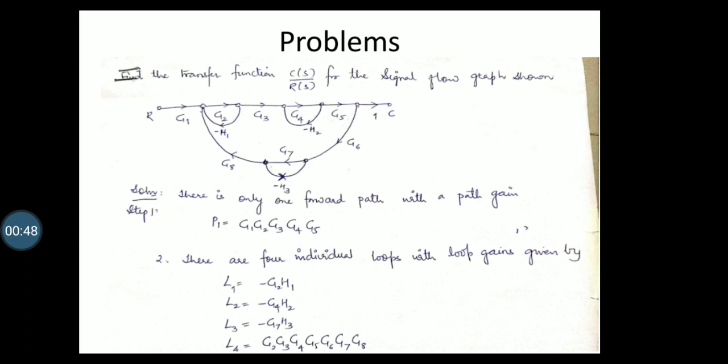So the path gain is denoted by P1 as step 1, which is G1, G2, G3, G4, G5. These are the path gains of the forward path, denoted by P1. This is step 1.